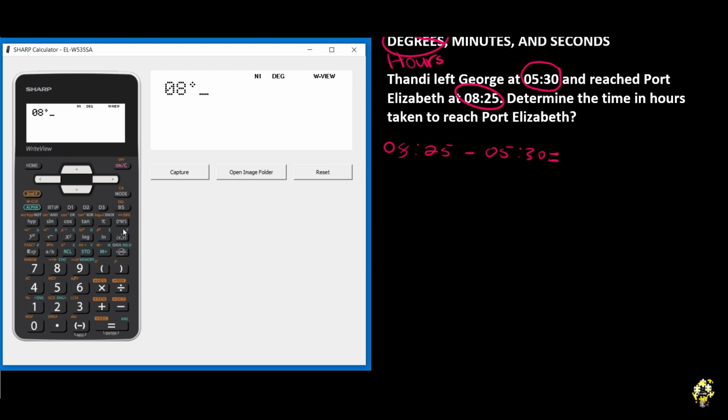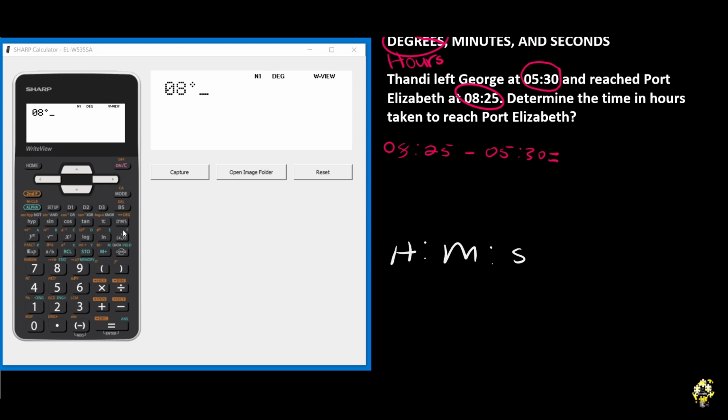Let me write this here in white: hours, minutes, and seconds. Each number that you press followed by DMS, your calculator interprets as hours, because it's the first number you put.